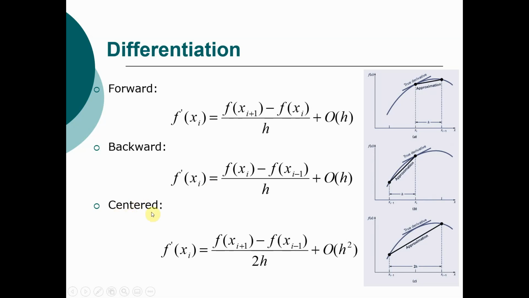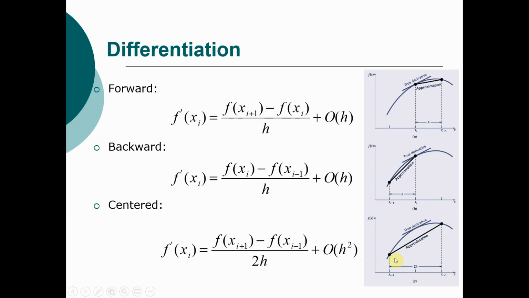Another method for numerical differentiation is centered difference. In centered difference, if we want to find the derivative of a function at xi, we go one step forward and also one step backward. So we find f of xi plus 1 and f of xi minus 1.